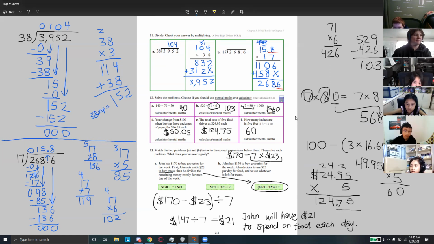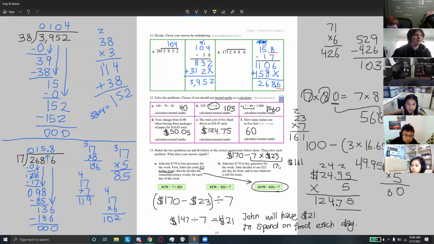And I guess we could calculate that. 23 times 7: 7 times 3 is 21, 7 times 2 is 14, plus 2 is 16. Great. So 7 times $23 will work out to $161.